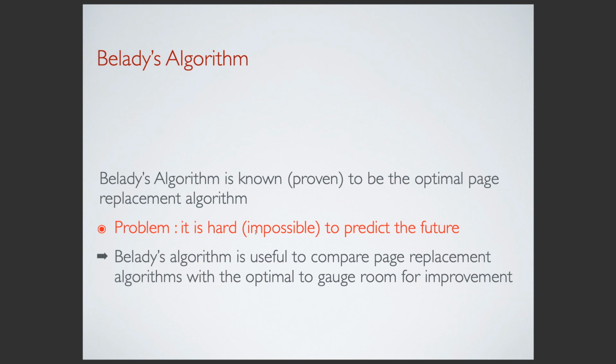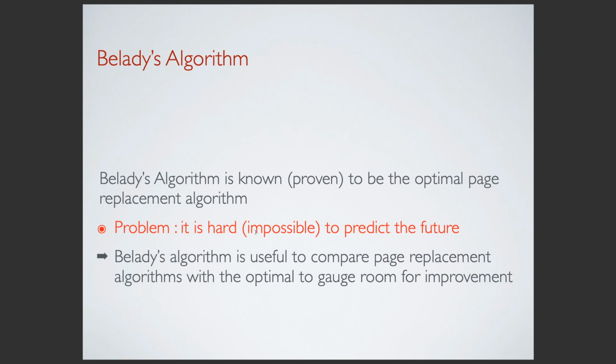It depends on what the program does, so you cannot know that in advance, and if you don't know that, you cannot make any prediction. You don't have a crystal ball to look into the future. That's what it says here. But Belady's algorithm is still useful, because if we come up with any algorithm, we can compare it with Belady's algorithm to see how much room for improvement we have.